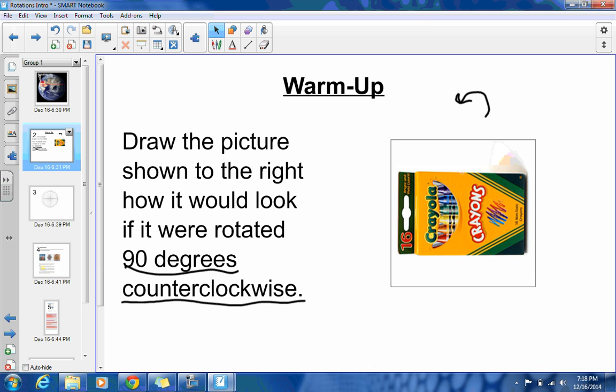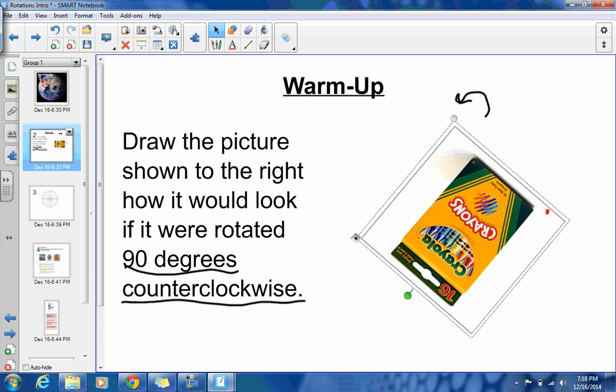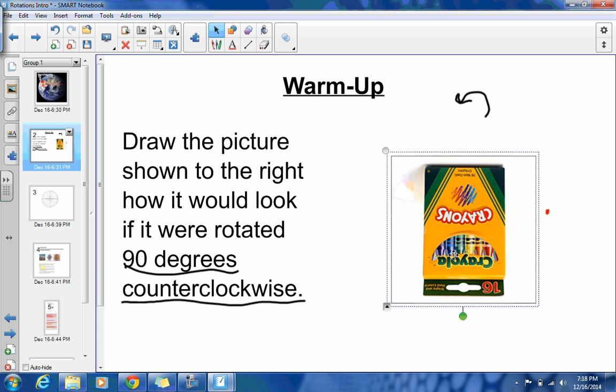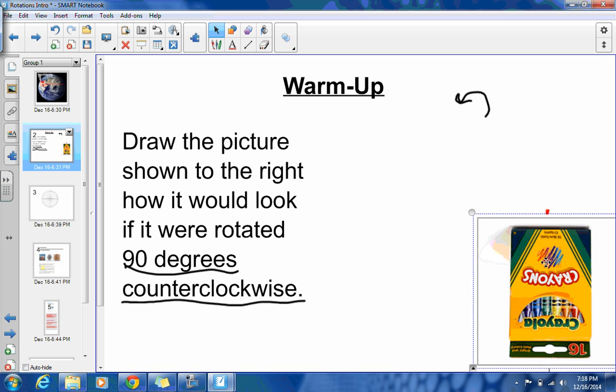Now the interesting part is when we get to graphing, we're going to pick one point to rotate it around. So let's say I want to rotate it around this point. I wouldn't just rotate it. I would also slide, or it would rotate like this, but it'd also come all the way over here. So it'd be kind of rotating like the hand of a clock. And that's what I like to think about.